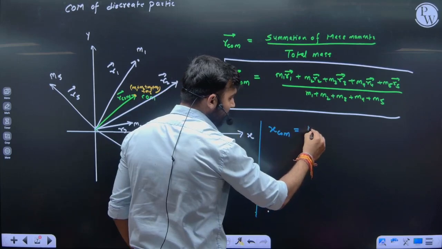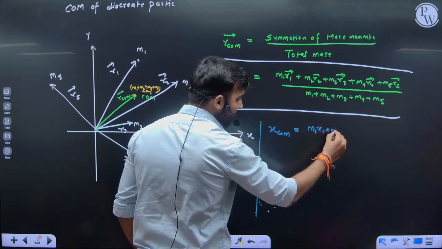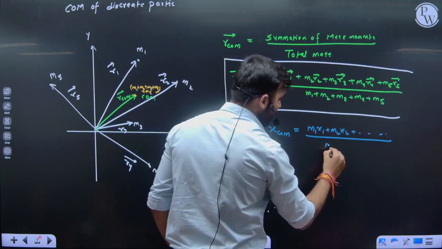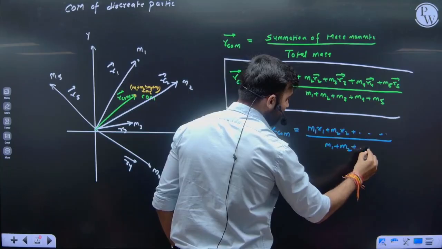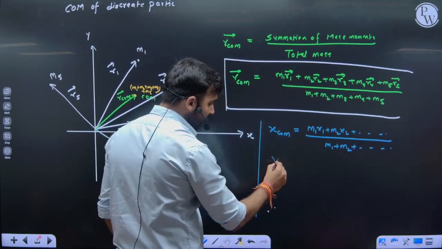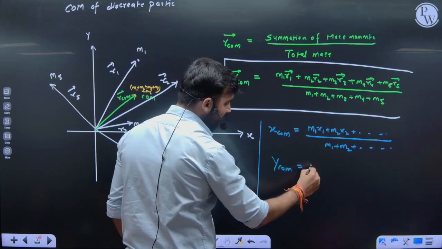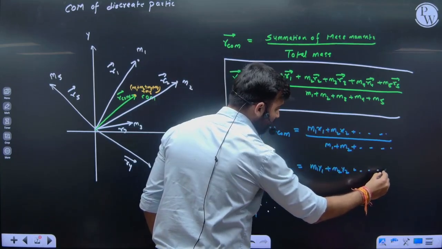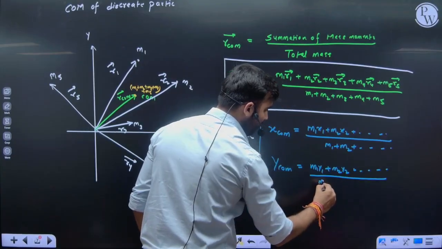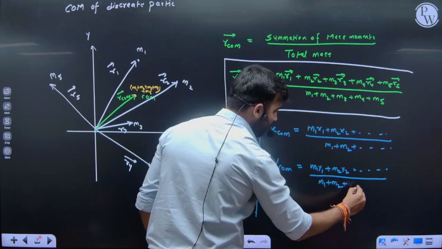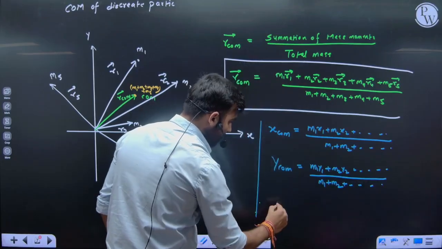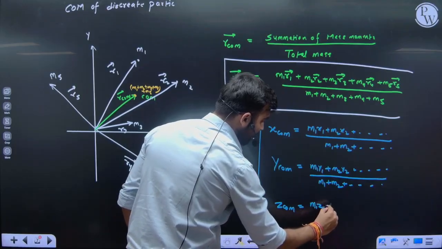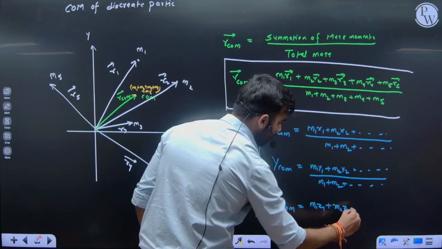I will write M1 x1 plus M2 x2, divided by M1 plus M2 and so on. Similarly M1 y1 plus M2 y2, divided by M1 plus M2. Z coordinate of center of mass, M1 z1 plus M2 z2, divided by the total mass.